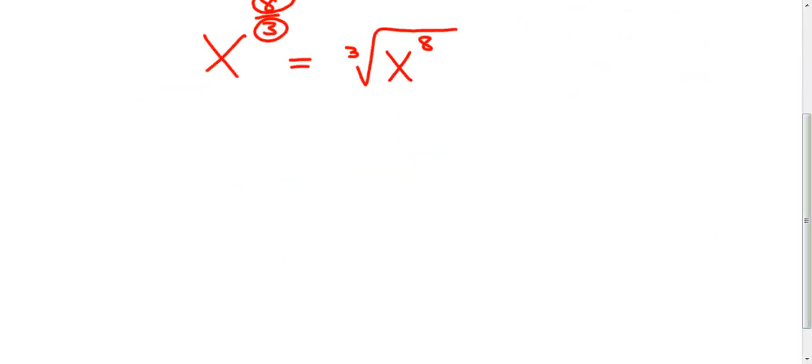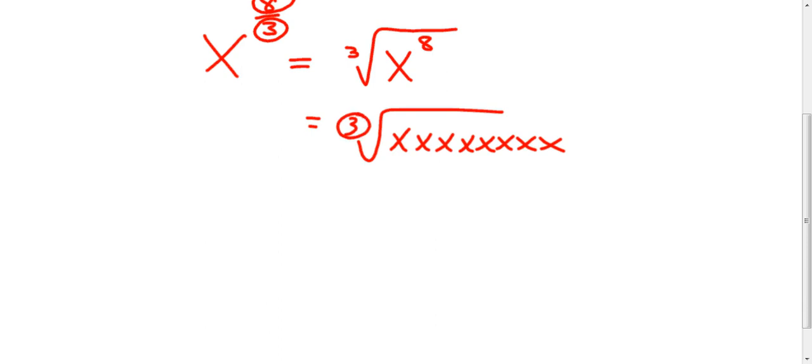Okay, and now you can think about this as 8 x's, and because this is a 3 right here, you have to be in groups of 3 to get out of the house. So you have one group of 3 here and one group of 3 here. So I have one group of 3 x's that can leave and another group of 3 x's that can leave.